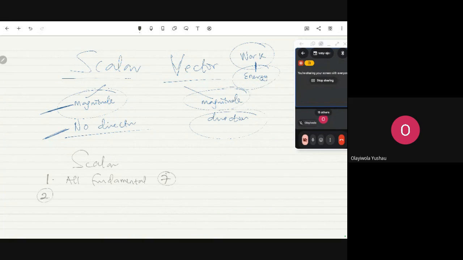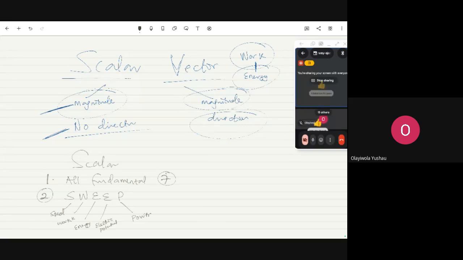Category number two, SWEEP: speed, work, energy, electric potential, then power. So if it is not SWEEP and it is not fundamental, then it is what? Vector. Is that clear?